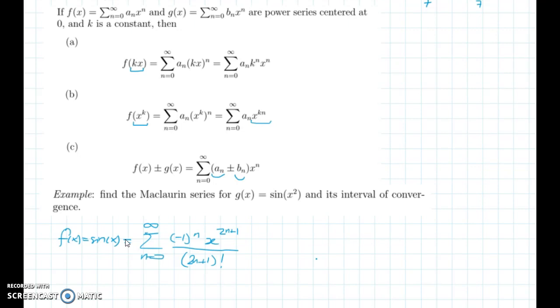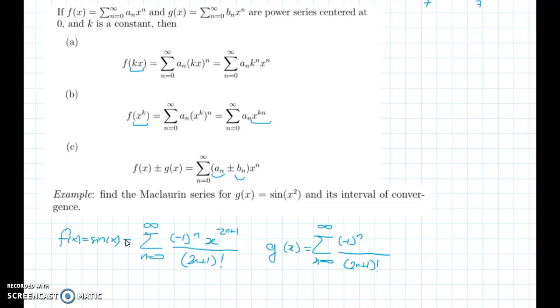So that means that to find the Maclaurin series for g of x, according to part B of the theorem above, we are going to have to substitute x by x squared. So let's do that. The sum from n equals 0 to infinity, still negative 1 to the power of n, still we're going to have the factorial dividing.